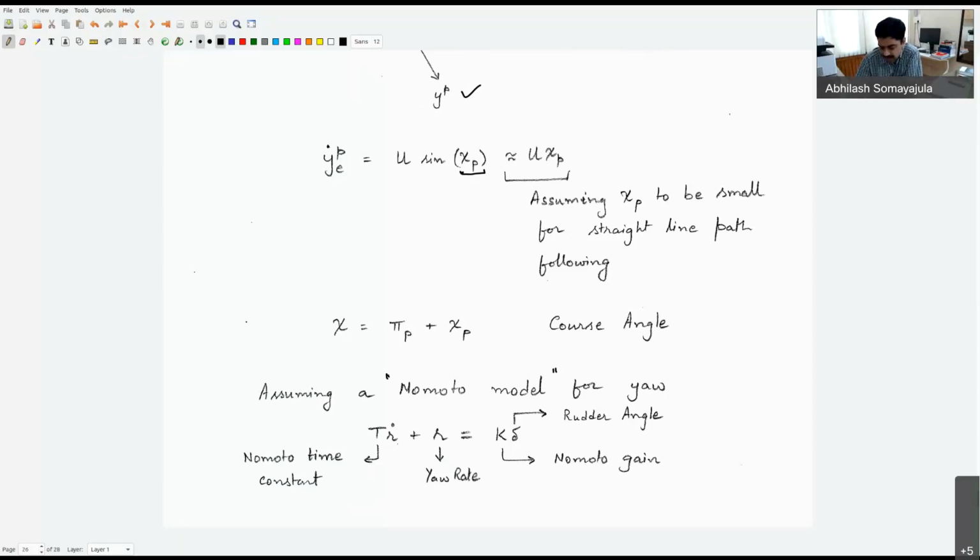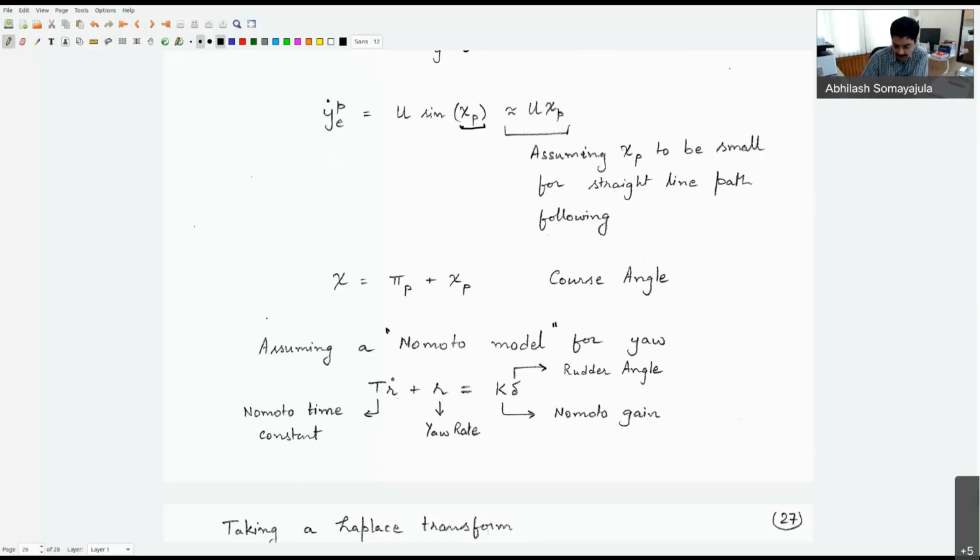The linear differential equation which governs the yaw rate is given by T times R dot plus R is equal to K delta, where R represents the yaw rate, delta represents the rudder angle, T represents the so-called Nomoto time constant, and K represents the Nomoto gain.